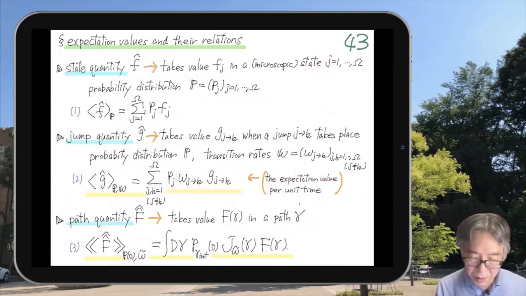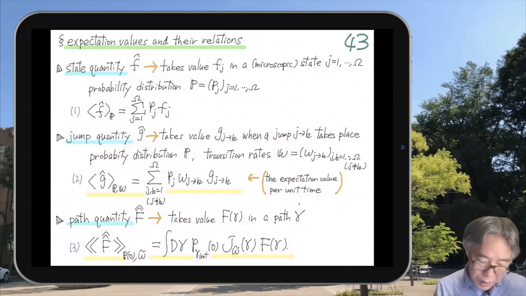And I think the definition is obvious. We know that this is the probability density for a path. So we multiply this with f_Γ and sum over all possible paths.